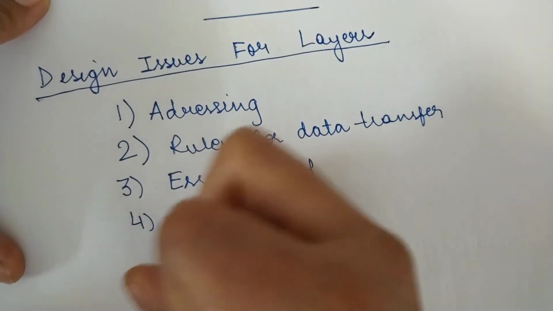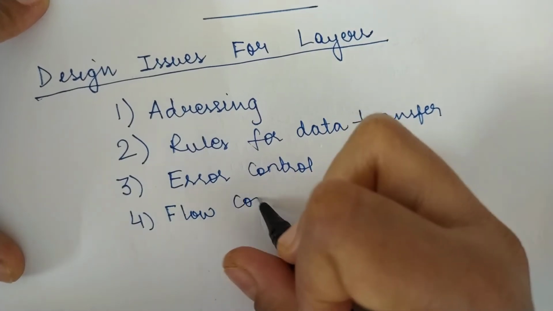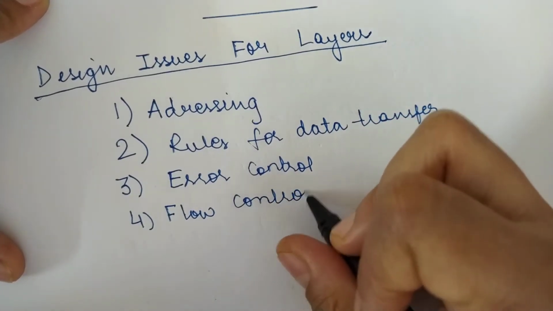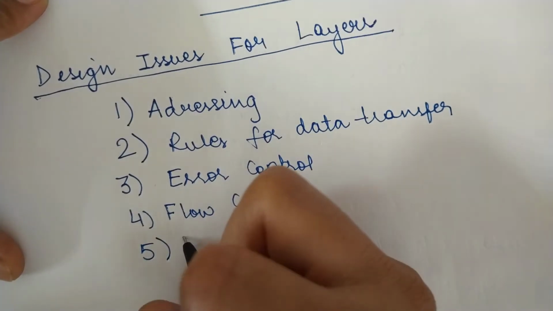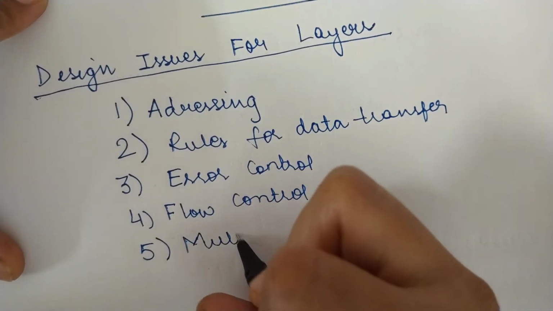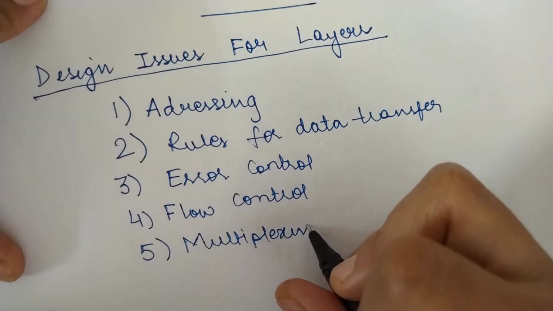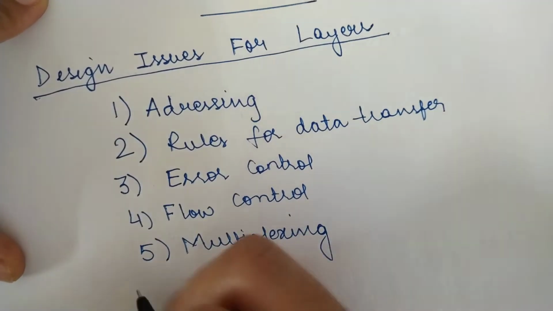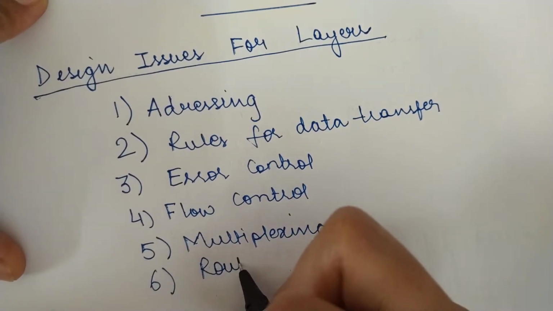Then is your flow control. The fifth issue is multiplexing. And the sixth issue is routing.